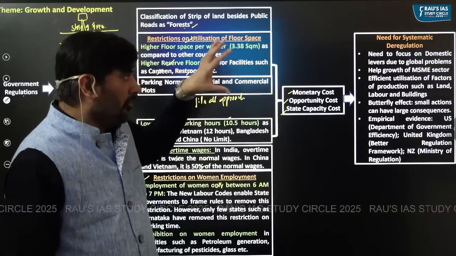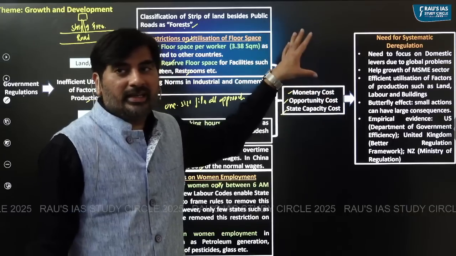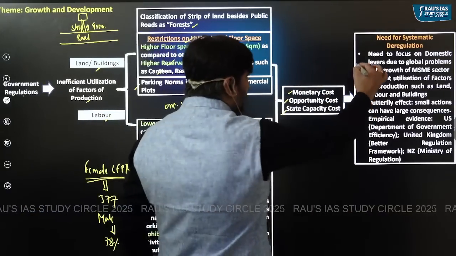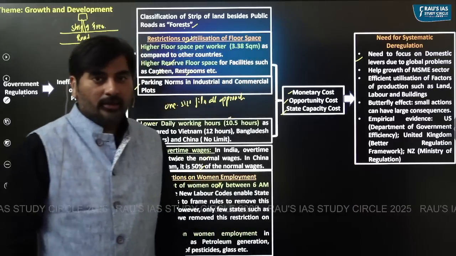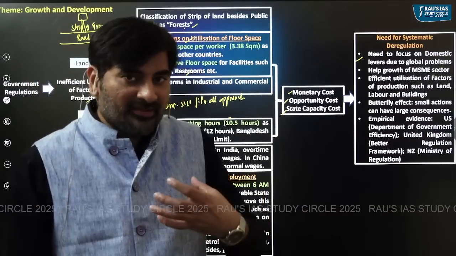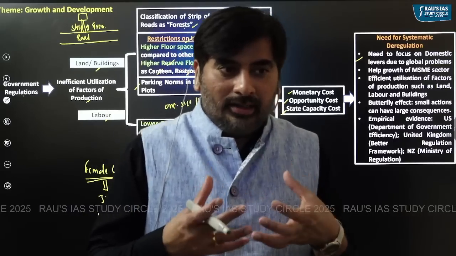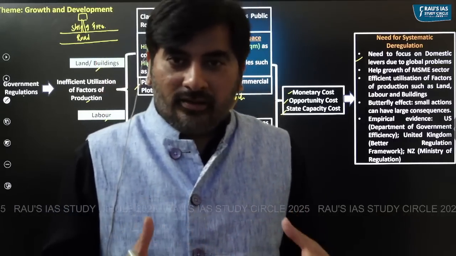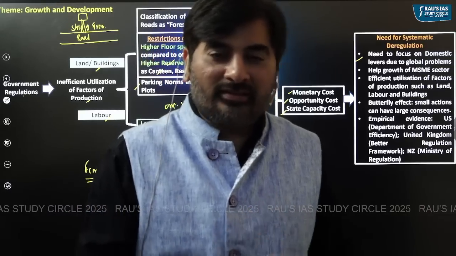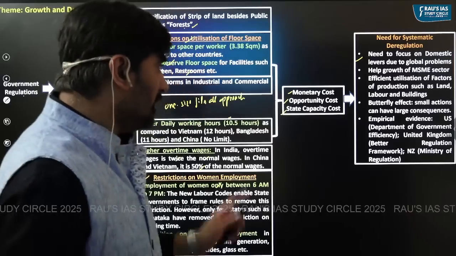So why should we go for systematic deregulation? Please have a look at the points. Number one, like I said, India now needs to focus on domestic factors, domestic levers, and efficiency of factors of production should increase, and that is possible through systematic deregulation.